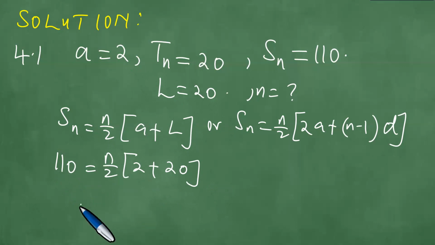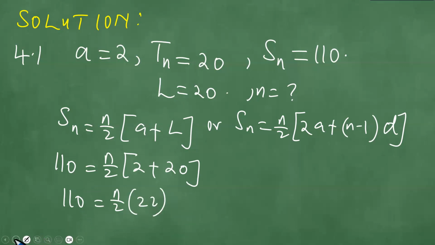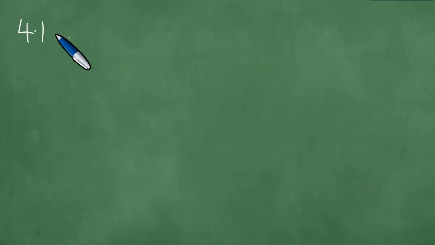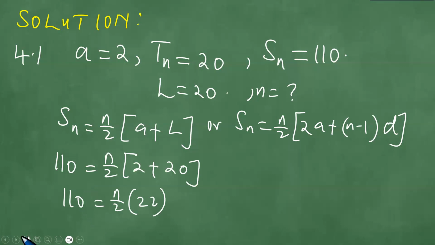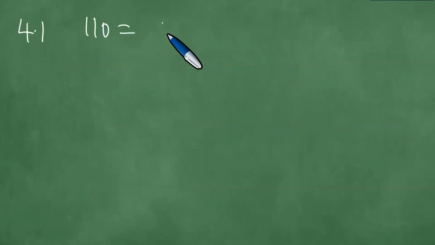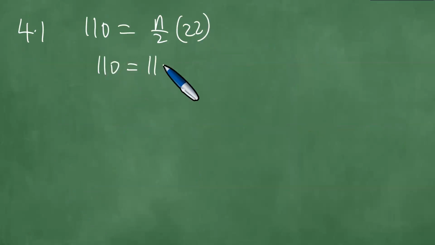So which means that you can manipulate this: 110 equals n over 2 times 22, so 110 equals 11n.